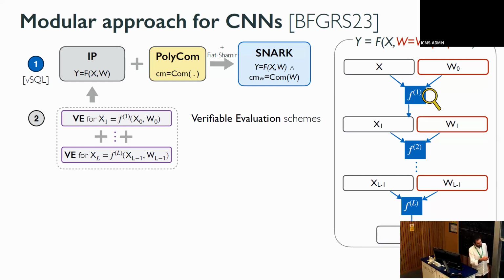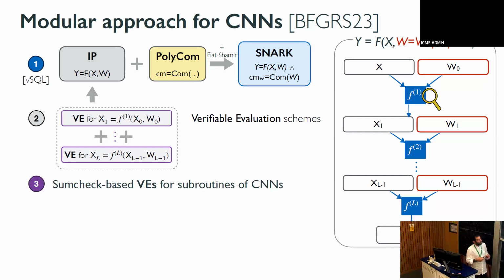So in the sense that you have verifiable evaluation schemes for example, F1 and FL, and then you can generically compose them to build an interactive proof for some function which is a composition of F1, FL. So this is essentially a new framework for designing interactive proofs.